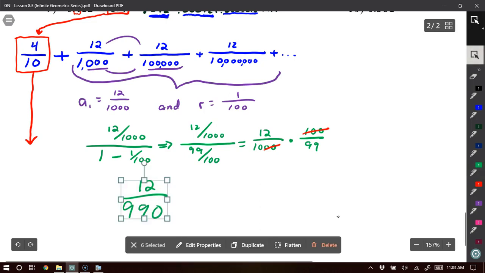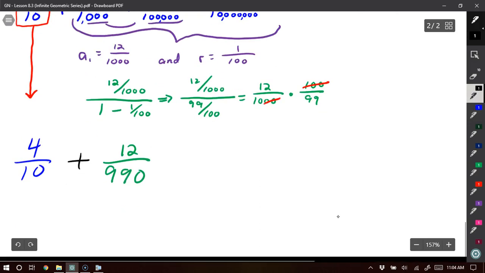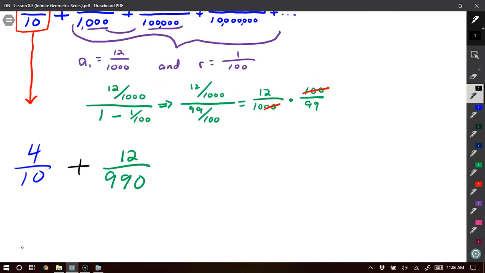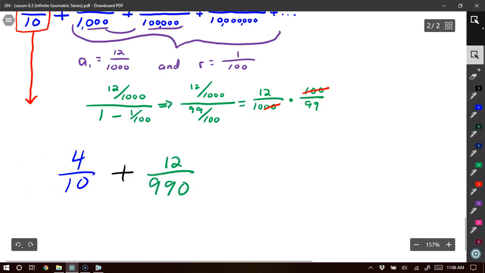And that is just the purple part. We still need to take into consideration that 4/10 that's being carried down. And so we're going to add these together. In order to add these two, I have to have a common denominator, which is why I kept them in tenths and I kept it with the zeros on the bottom for all of them. That's going to make this common denominator easier.